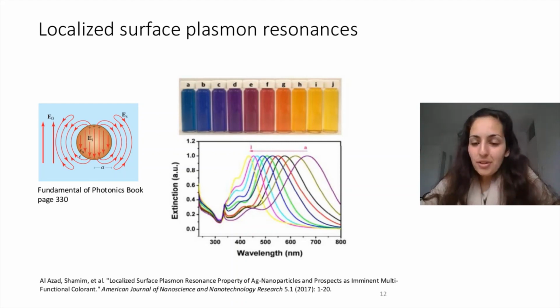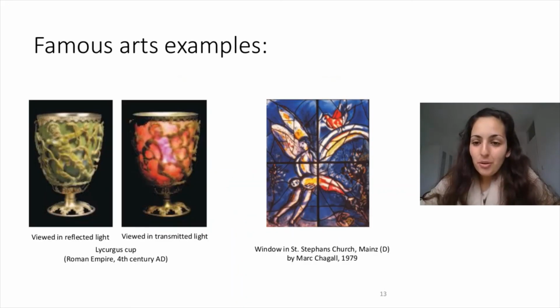And that has, of course, a lot of applications in science, but it also had a lot of applications before people even knew what a plasmon is. So there are these very interesting examples of art, here from the 4th century AD, and you can see these cups that were colored with gold nanoparticles. If you look at it in reflected light, it looks green, and in transmitted light, it looks red.